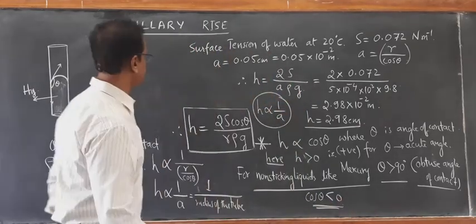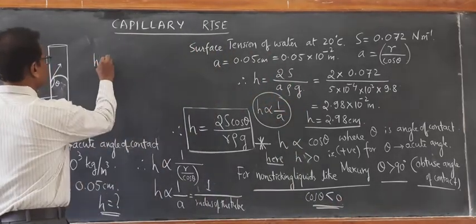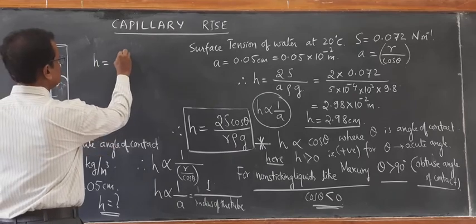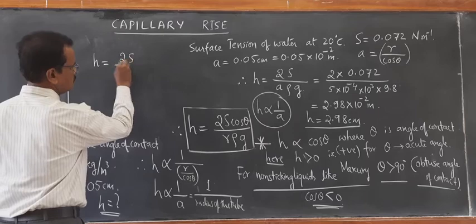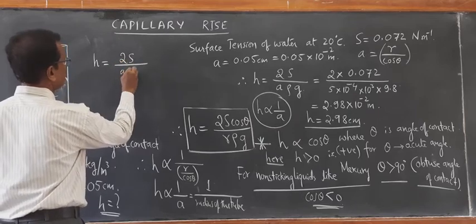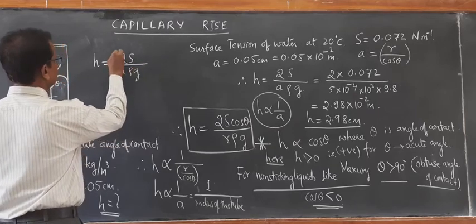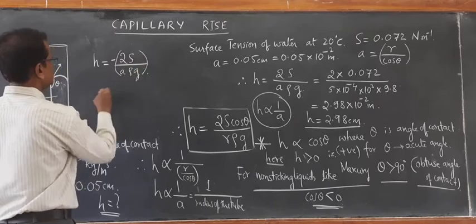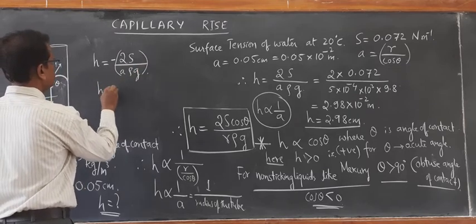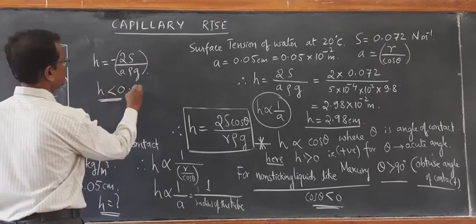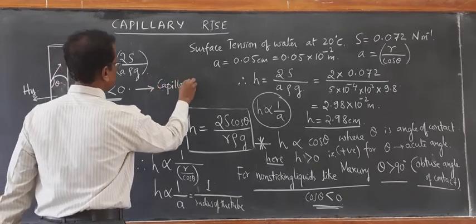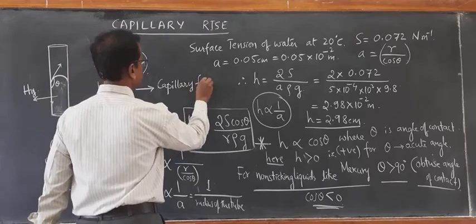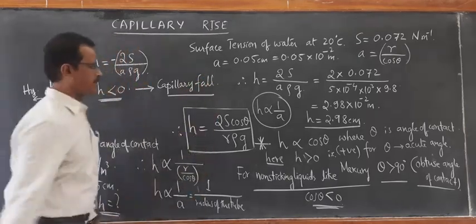Then H becomes 2s upon A rho g with a negative value. That is, it becomes capillary fall. So there is no capillary rise.